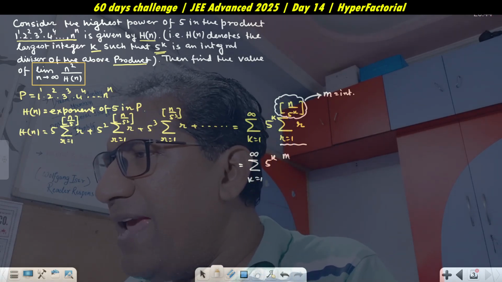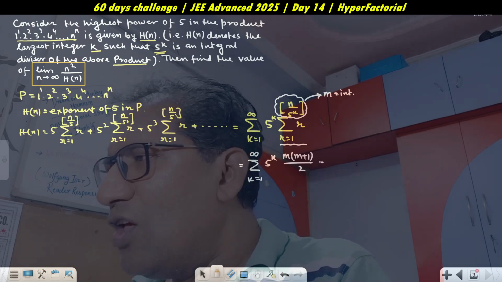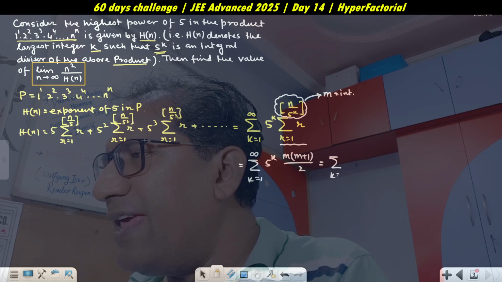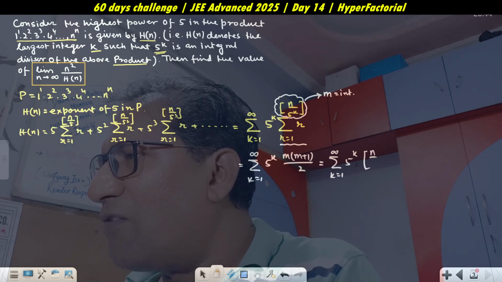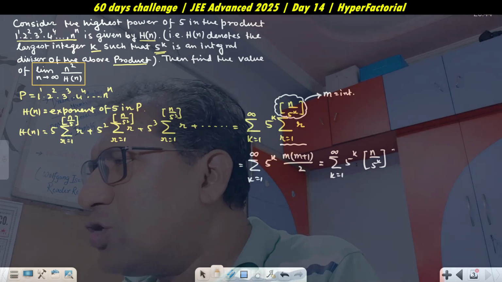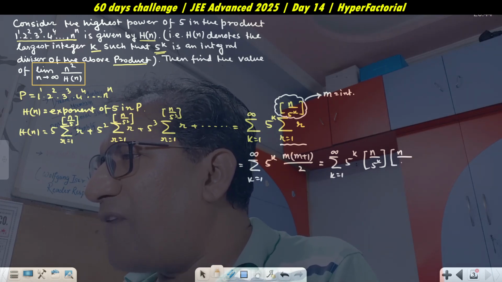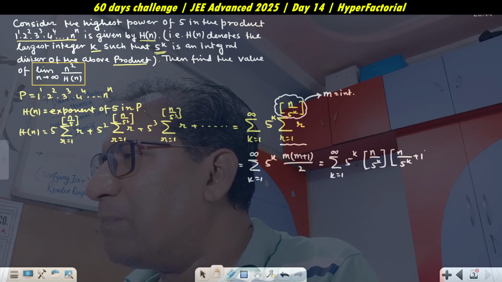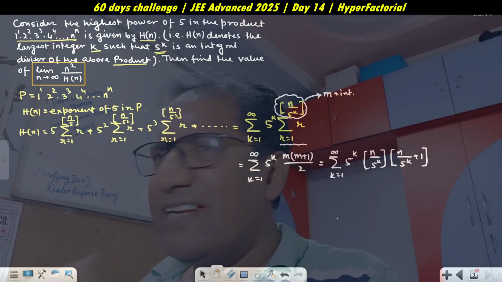So it will be m into m plus 1 divided by 2. If I replace my m here, we are going to have floor of n over 5 to the power k into floor of n over 5 to the power k plus 1. Is it clear or not? Till this, is it clear or not?